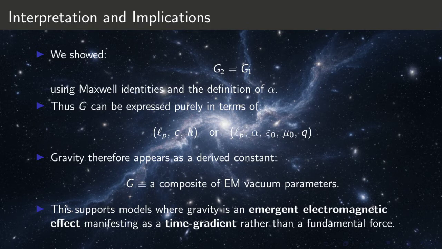In this formulation, gravity appears as a derived constant composed of electromagnetic vacuum parameters. This result supports models in which gravity emerges from electromagnetic properties of the vacuum and manifests through a time gradient rather than as a fundamental force.